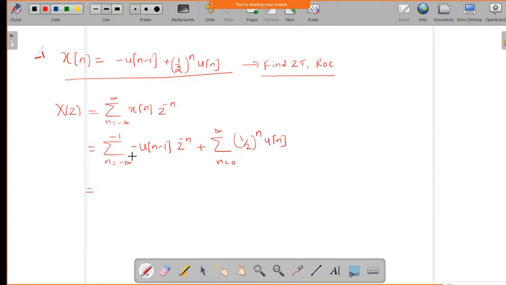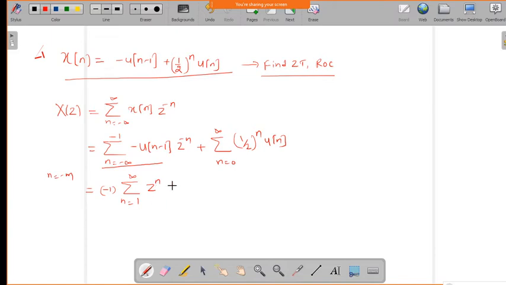Now you can take another variable, n equal to minus m, and if you substitute it, you can take the minus 1 outside, and you can write it as n equal to 1 to infinity z power n. So if you replace it by taking the variable n equal to minus m, we can write it like this.